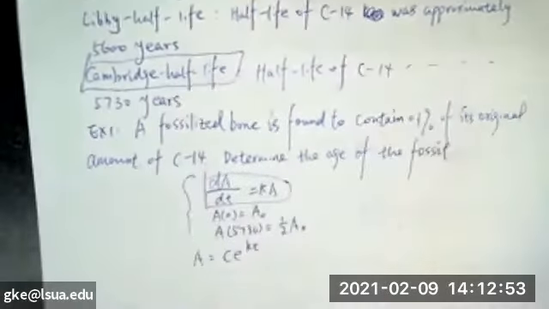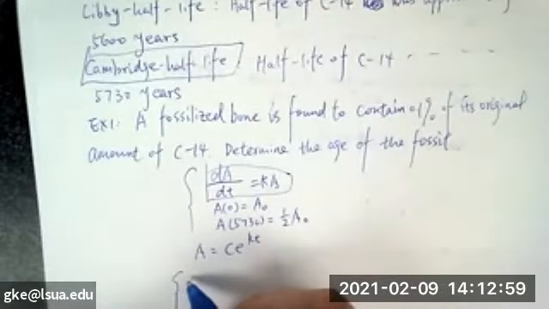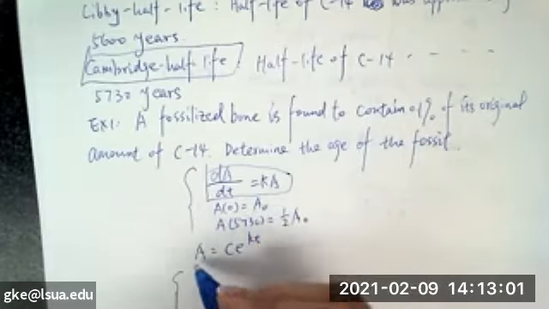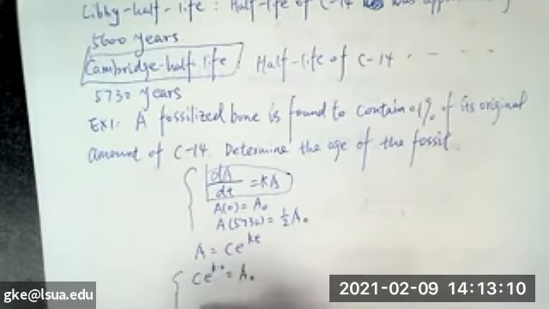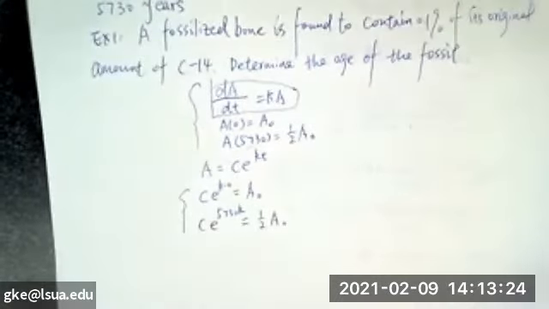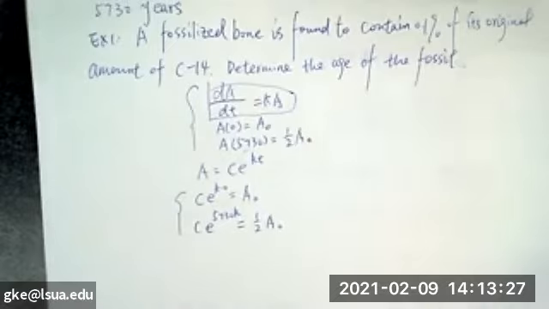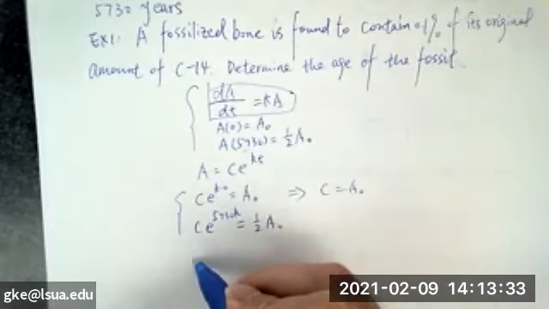Now we're going to plug in these conditions. The first one is t = 0, so e^(k times 0) gives A0. The second one is t = 5,730, which equals one half of A0. From the first one, we got C = A0, and plug it in here.